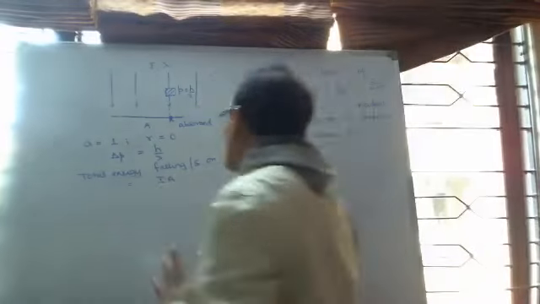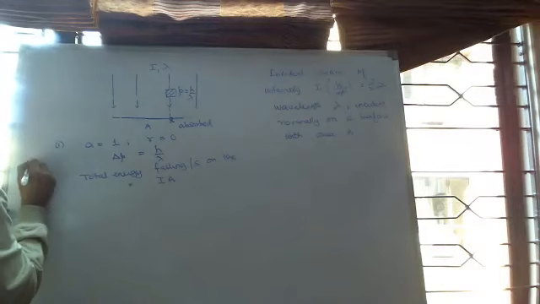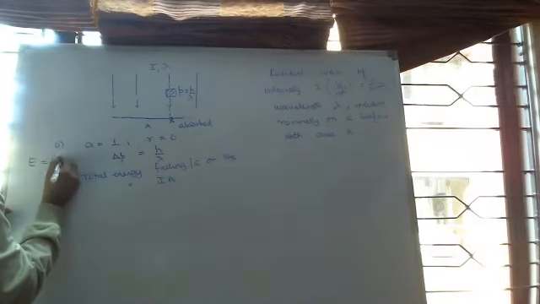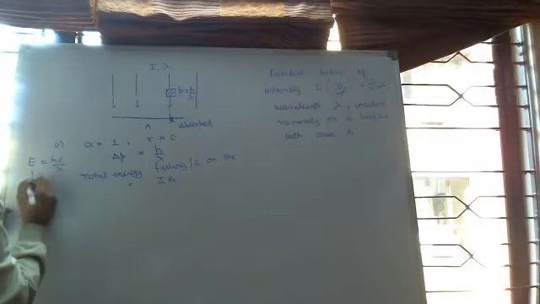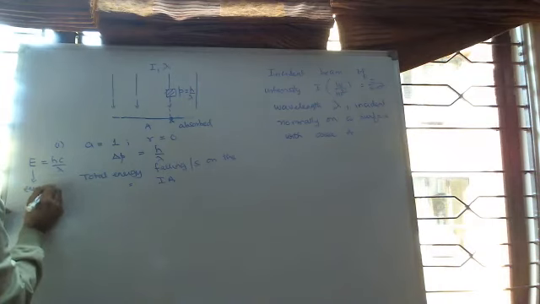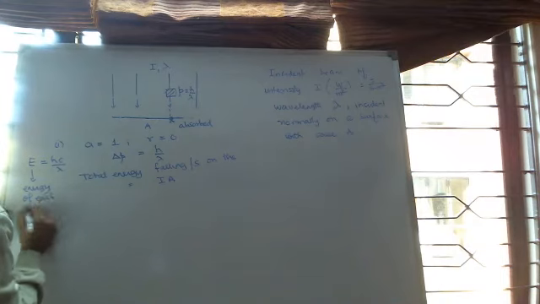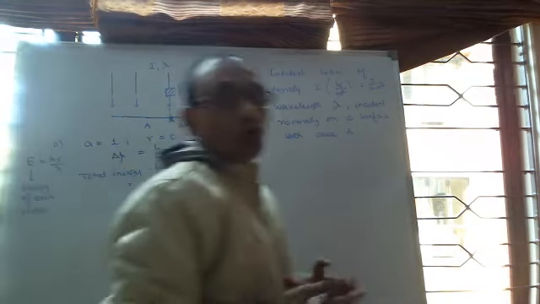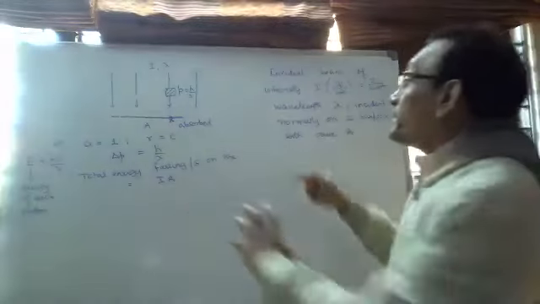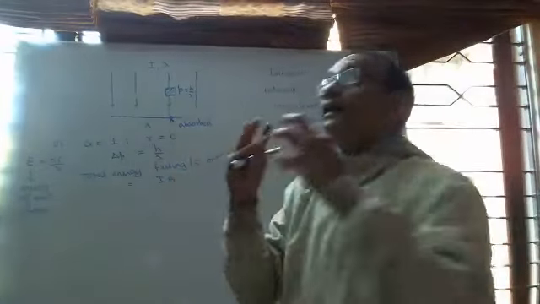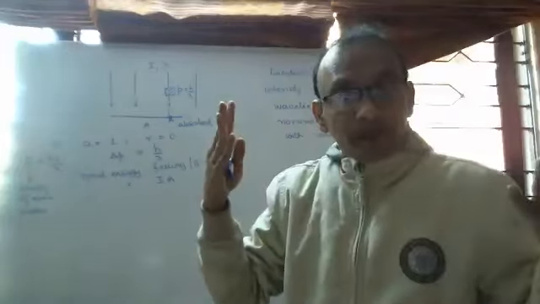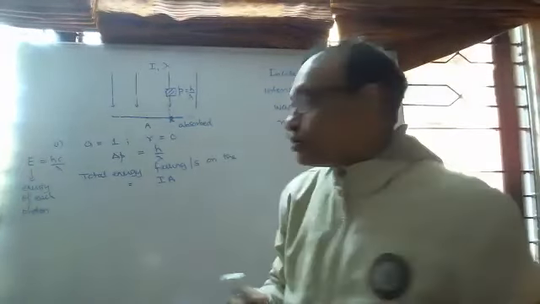Now what was the energy of every photon? Every photon has an energy which is h nu, meaning hc by lambda. Total energy falling per second is this. Since this much energy per second is falling, how many photons are falling? Divide by the energy per photon.